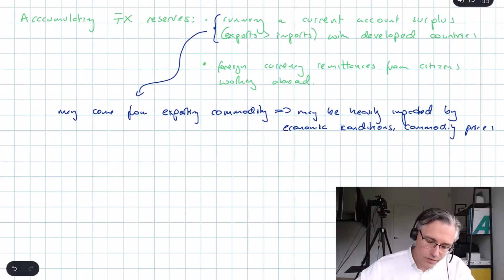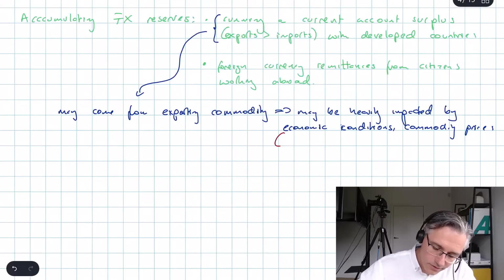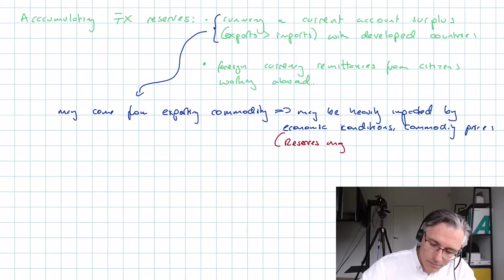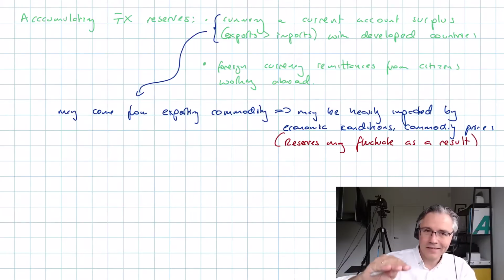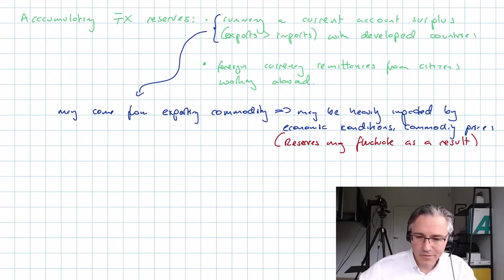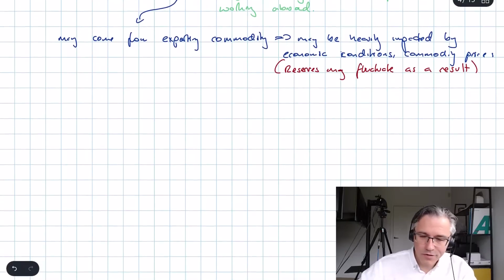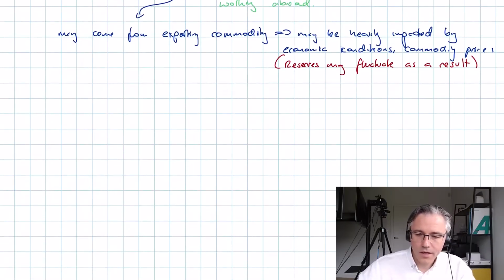They may fluctuate as a result of this. Reserves may fluctuate as a result of demand being unstable and commodity prices being unstable as well.